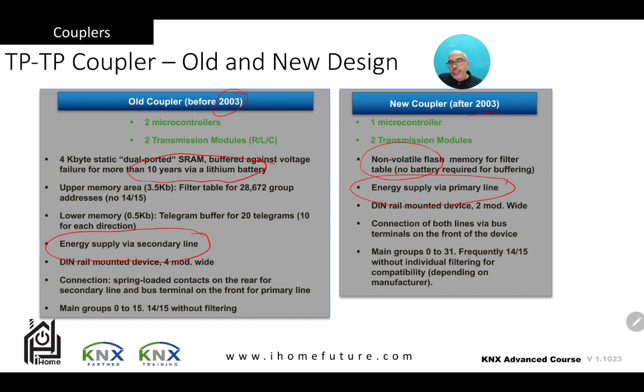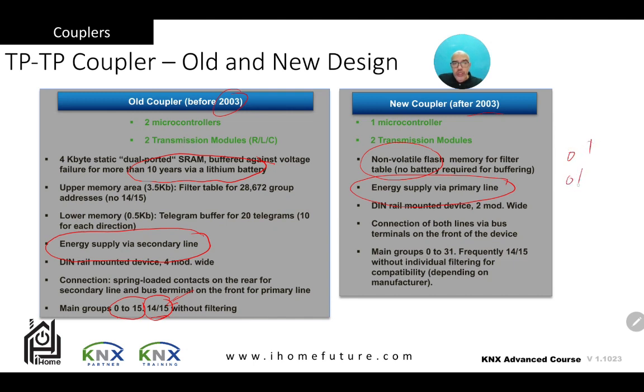The old ones had a shortage in memory that affected the group addresses 0 to 15. Not always all of them are passing. They can support 0 to 15, but they don't filter or were not able to deal with group addresses 14 and 15. Remember, our main group address can go from 0 to 31.